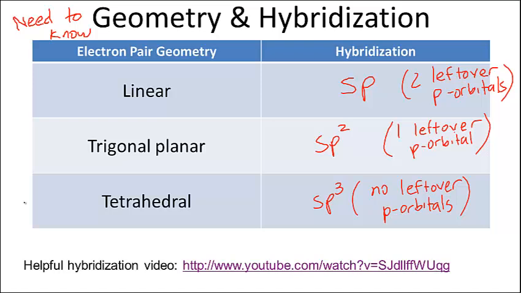So you may have talked about sp3d hybridization or dsp3 hybridization before. You can just let that go out of your brain. So don't get the d orbitals involved. And don't worry about hybridization for things that go over an octet. So just these 3 you need to know. And if you understand where they come from a little bit, great. If you don't, you're still going to be okay.